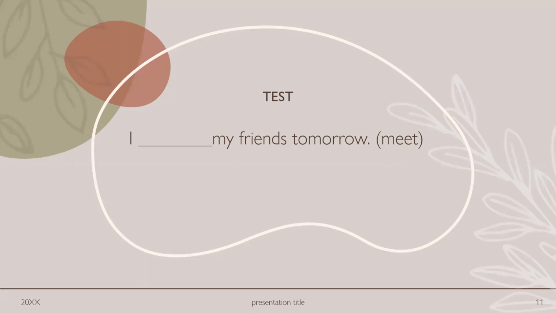Look for the clues in the sentence, and you will definitely know whether this action has already happened, or is happening now, or will happen later. Then, according to that, you have to fill in the blanks with either the present continuous tense or the past continuous tense or the future continuous tense.